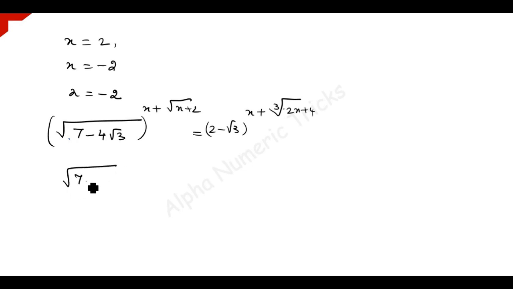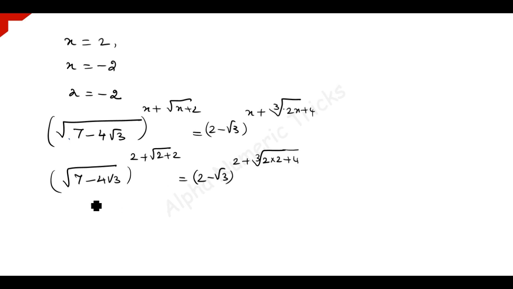Square root of 7 minus 4 root 3, whole to the power x, is equal to 2. We substitute x is equal to 2. 2 plus 2 is equal to 2 minus square root of 3, 2 plus cubed root of 2 times 2 plus 4, which is equal to, we already simplified this as 2 root 3.